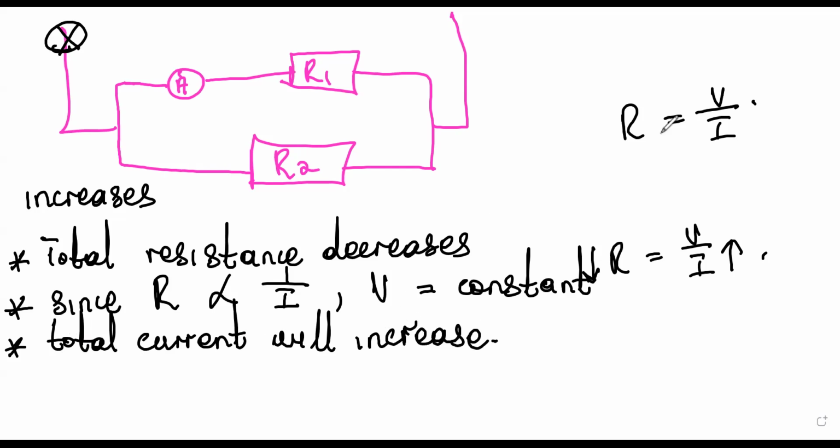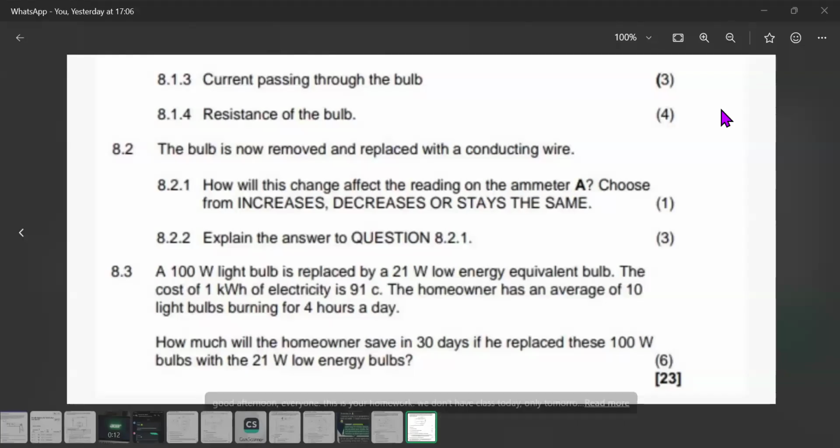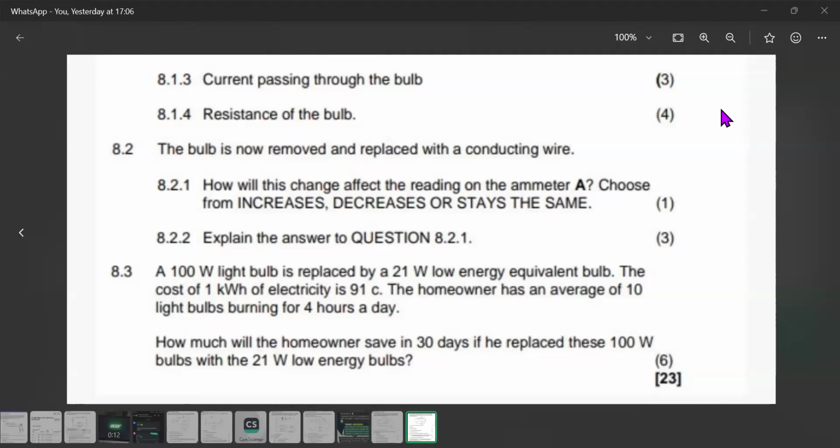Over and out. Next question: a 100 watt. They give you the power, but in watt. That's fine. So a 100-watt light bulb is replaced by a 21-watt low energy equivalent bulb. The cost of 1 kilowatt hour of electricity is 91 cents.